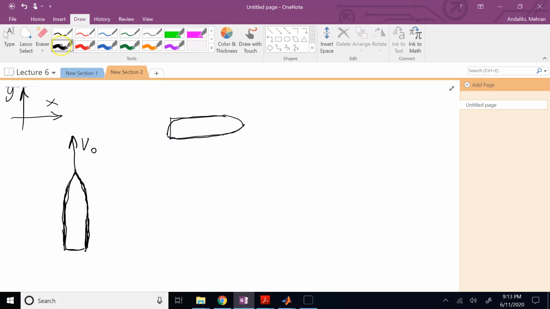This time the boat is going with velocity v naught, but this time to the east. In the first situation, the relative direction of the wind is west to east. In the second situation, it is toward northwest, with this angle being 60 degrees. And that's all I have.